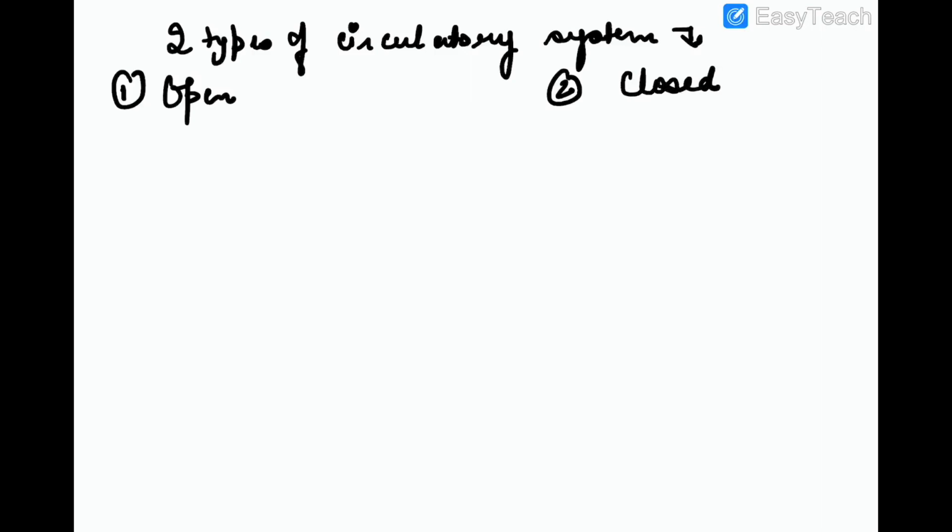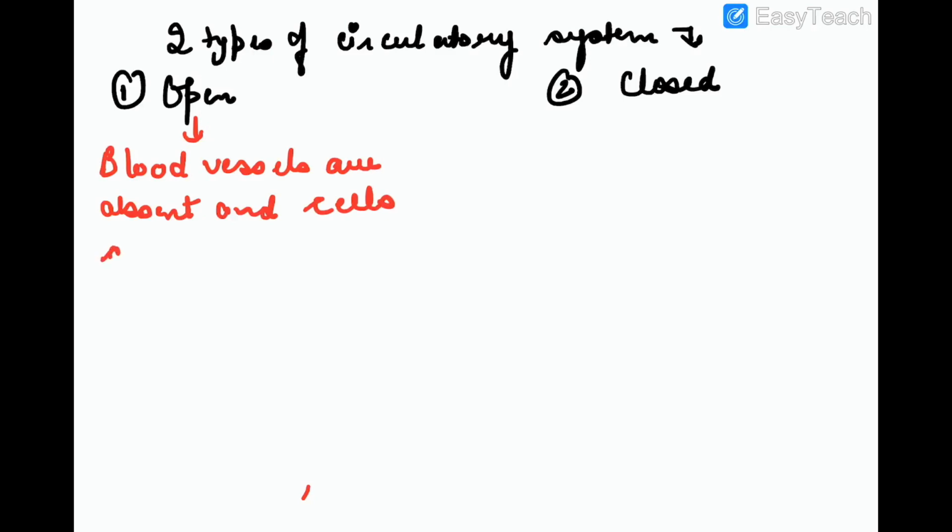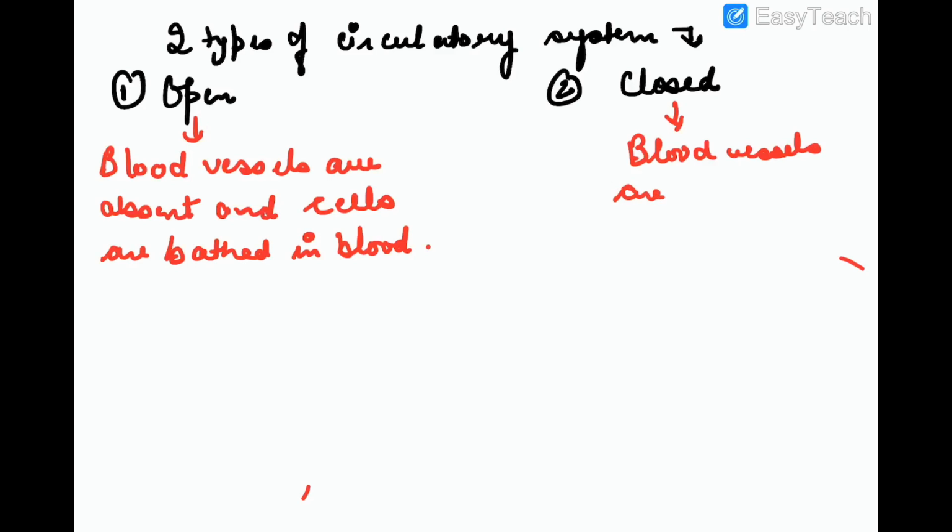In open circulatory system, blood vessels are absent and the cells are bathed in blood. Whereas in closed circulatory system, blood vessels are present and through these blood moves.